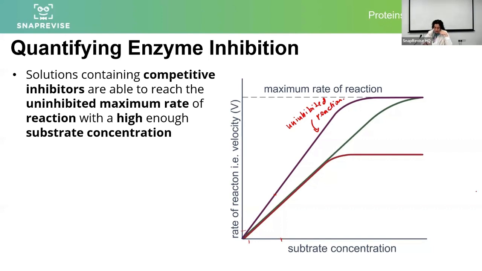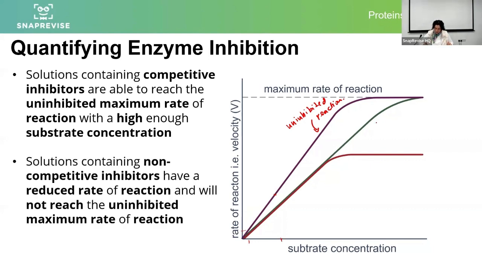In the green color here, we have our competitive inhibitor. And why do we have that shape curve? Because adding more substrate will increase the rate of the reaction.